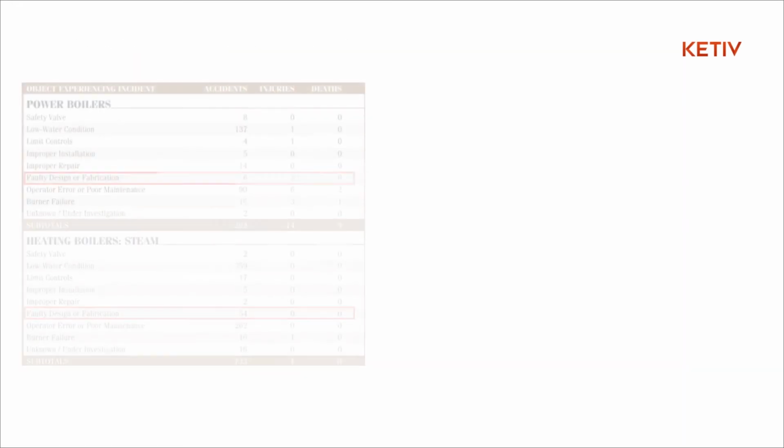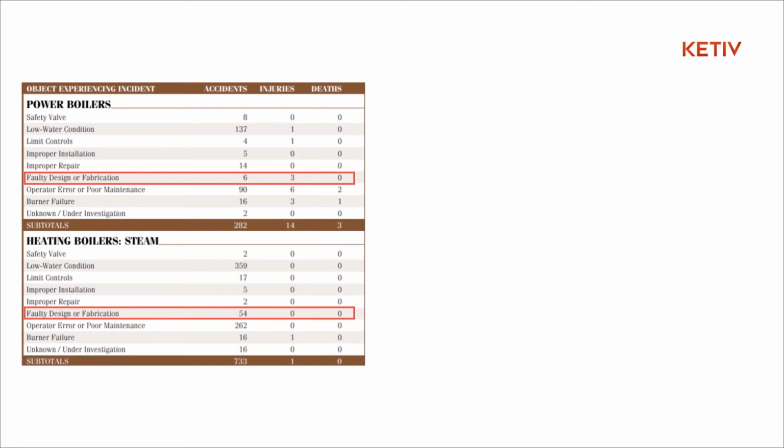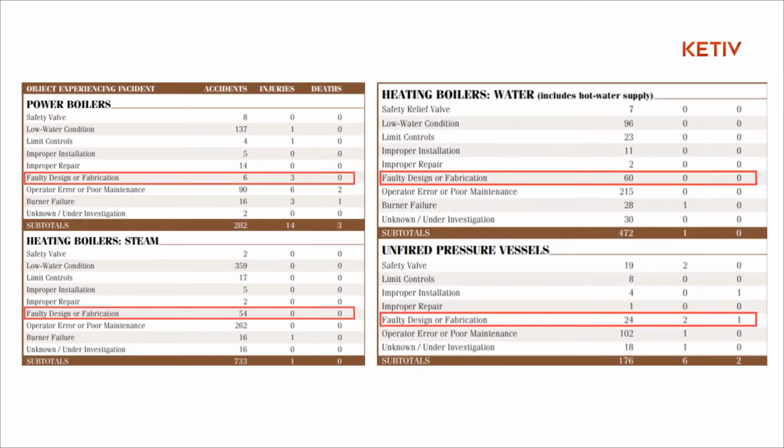Now, I did mention that a lot of the empirical design rules help make designs safer. Now, that's not an absolute statement, because as recently as 2002, this data is from 2002.